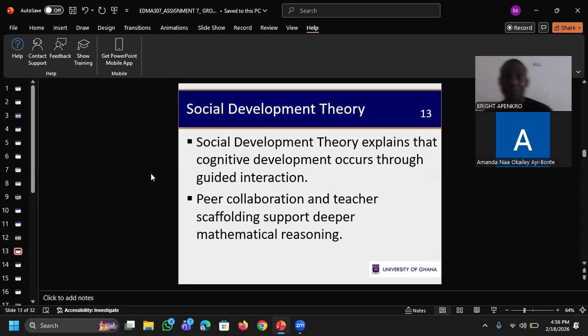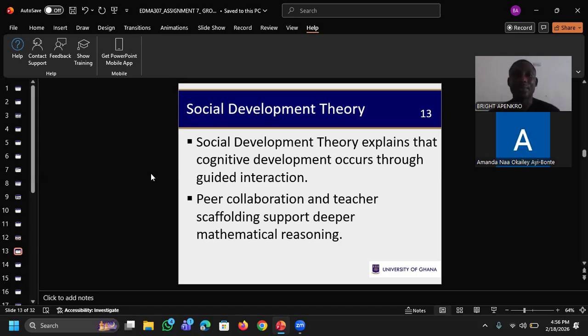We are saying that for you to develop socially, your cognitive, that's the mind, it comes with interaction with objects in the environment. You practice, you associate, you play with friends, and you interact. So that will help you to have your cognitive develop.